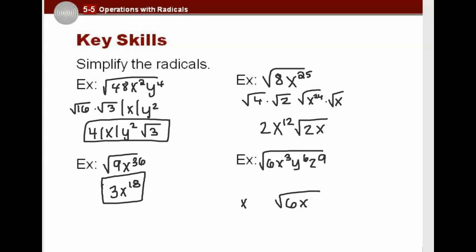Y to the 6th is even. 6 divided by 2 is 3, but we have an even becoming an odd, so it gets absolute values. And then z to the 9 is kind of like z to the 8 and z. So 8 divided by 2 is 4. So you get z to the 4th on the outside and a z on the inside.